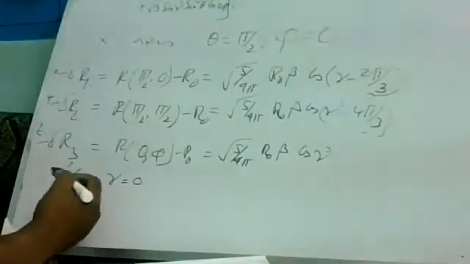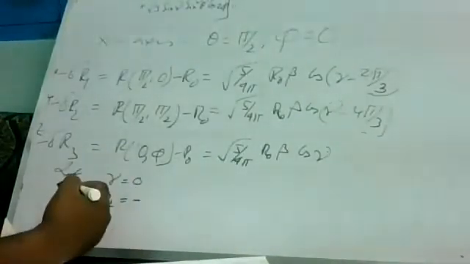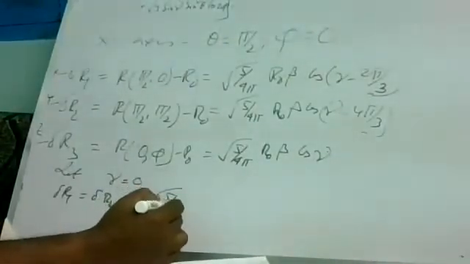Now we take a simple value, let gamma equal to 0. Then delta R1 equals delta R2 equals minus root over 5 by 4 pi R0 beta by 2, which is less than 0.